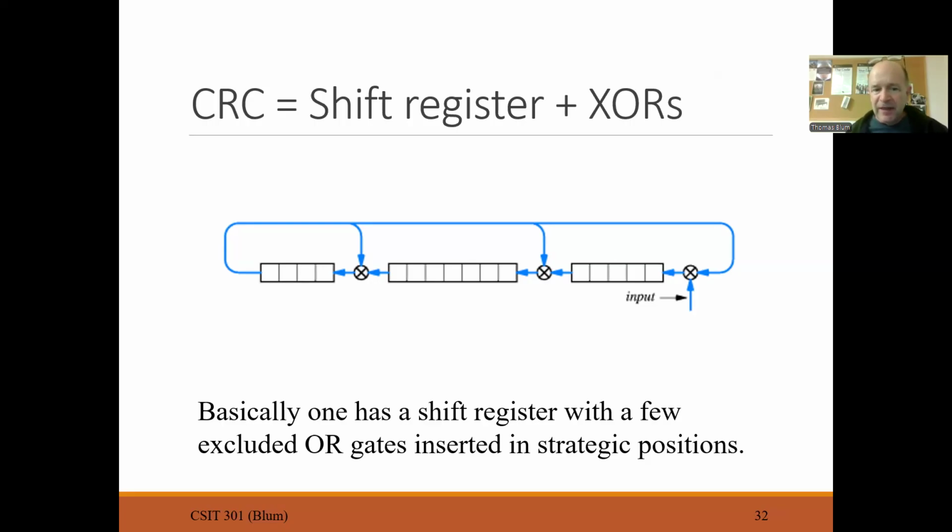And then the bit that's just about to be shifted off the end comes around and is fed into the exclusive ORs. So just before that bit is shifted off and won't play any more role, it plays one big last role, and then it's the input to all the exclusive ORs along the way.